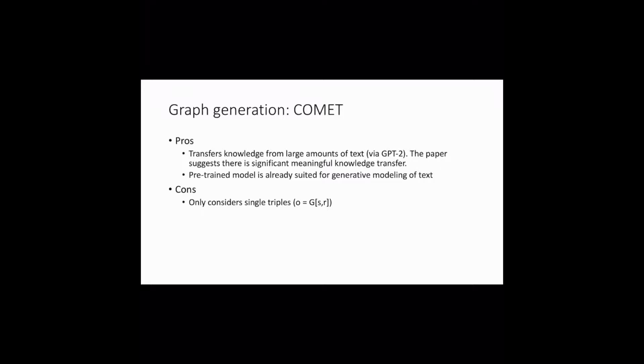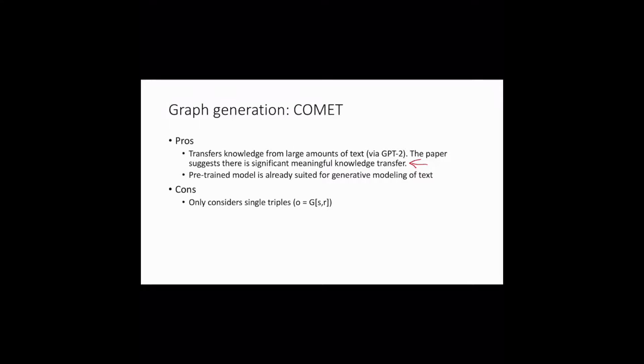And the paper also suggests that based on their results, there is indeed meaningful knowledge transfer between the two tasks of language model pre-training and the graph relation prediction task in this model.